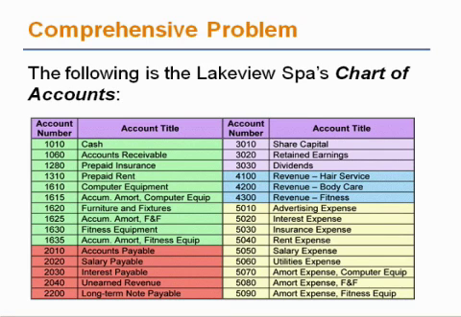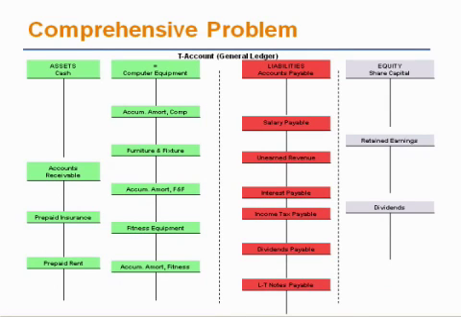Many companies use different numbers. It really doesn't matter as long as you have some kind of system involved. With a much more complicated chart of accounts, you would definitely have much higher numbers. But things are quite simple in this problem right now. They'll get a little bit more complicated as we work through.